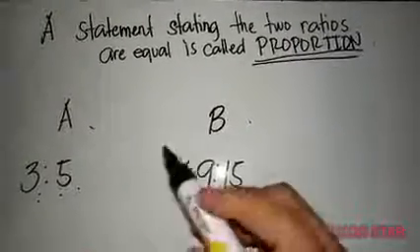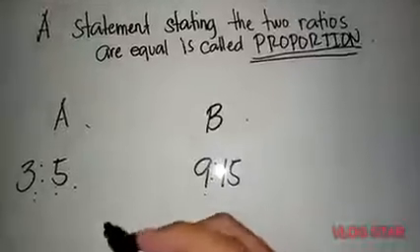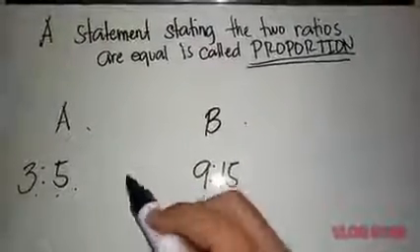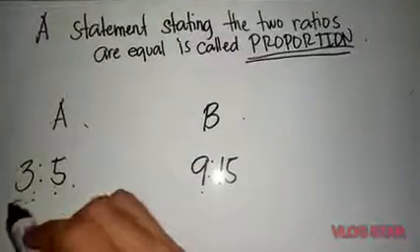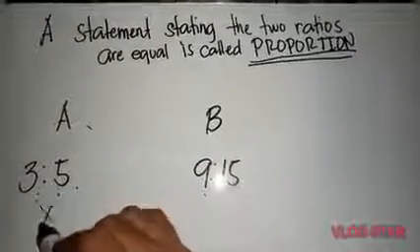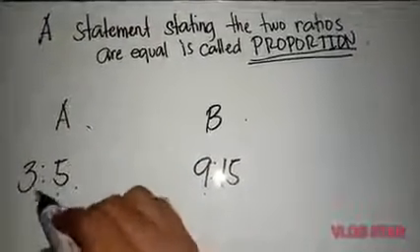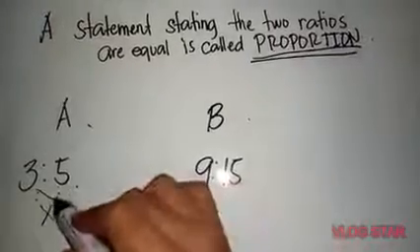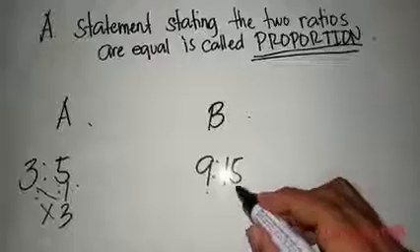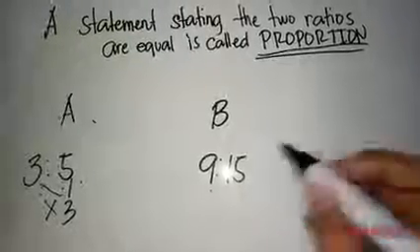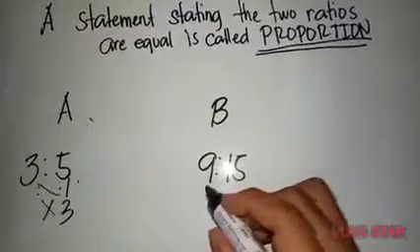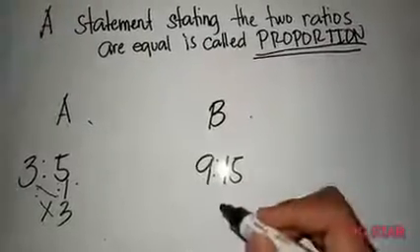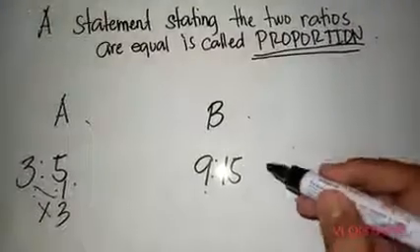As you can see, this shows a relationship, or what we call proportion, because when you multiply 3 by 3, the answer is 9. And when you multiply 5 by 3, the answer is 15. So 3 to 5 and 9 to 15 are equal. This is what we call proportion.